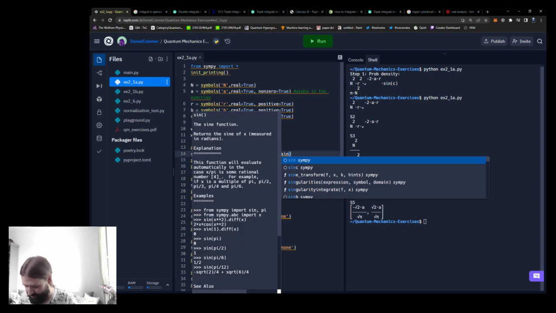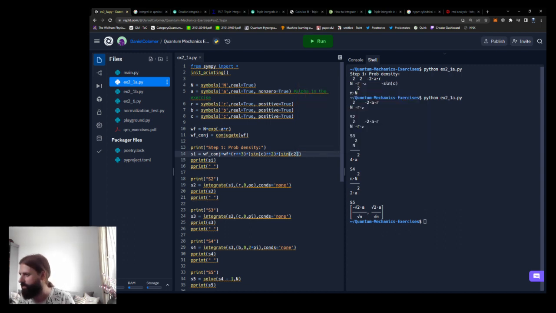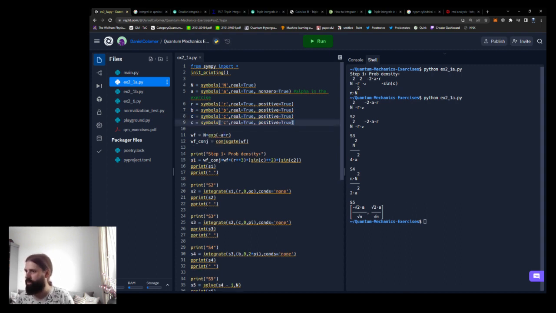I'll call this C2. And so we're going to have another symbol, called C2.